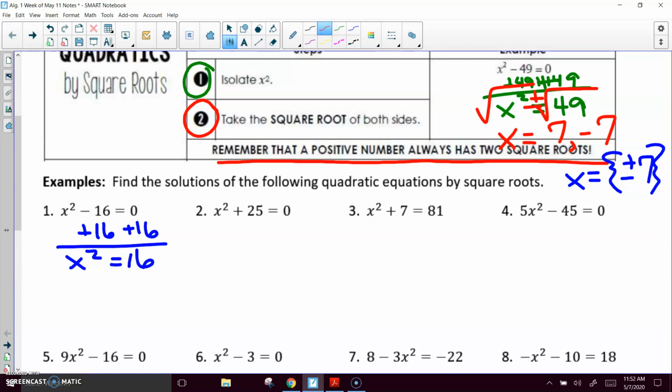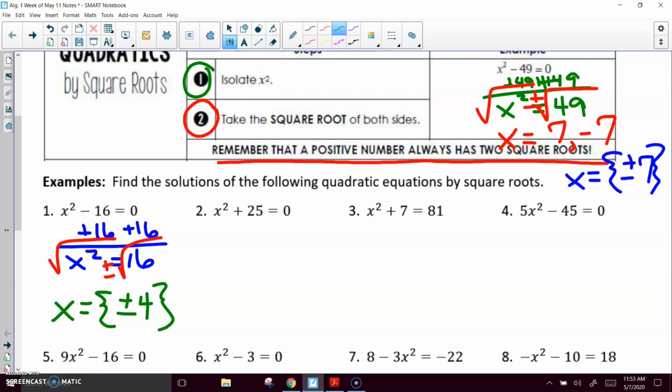My x squared is isolated, so I can move to step 2, which is square rooting both sides. Don't forget the positive and the negative. So my solutions are positive 4 and negative 4, because positive 4 squared is 16 and negative 4 squared is 16.